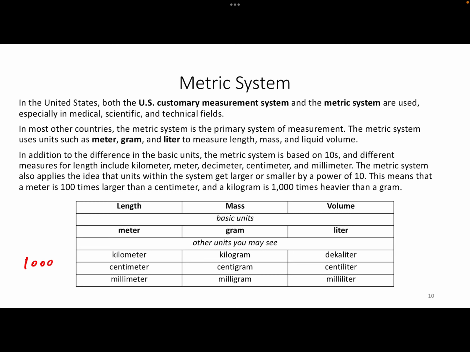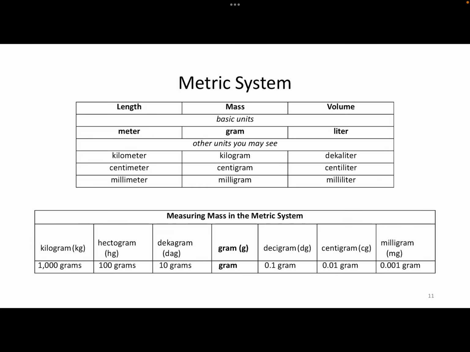And 1 meter is 1,000 millimeters. And the same for the gram and kilogram, similar. Kilo means 1,000. And similar for the volume, liter. Okay, that's the metric system. You can read this conversion.